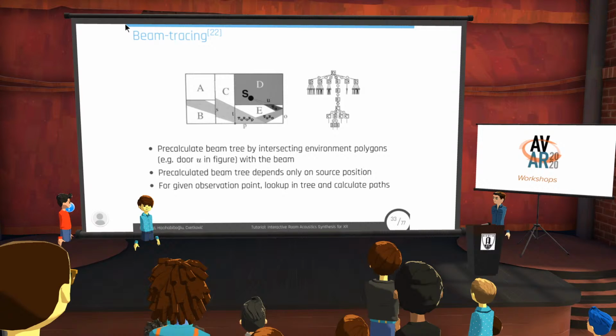At the same time as doing this geometric calculation, one can build a so-called beam tree. The beam tree states, whenever there is a reflection, in which space it is, and you can see an example of a beam tree on the right.